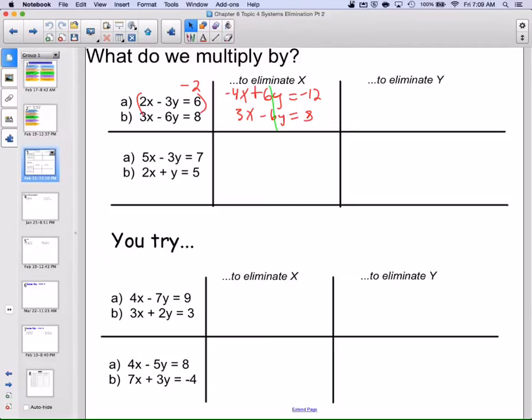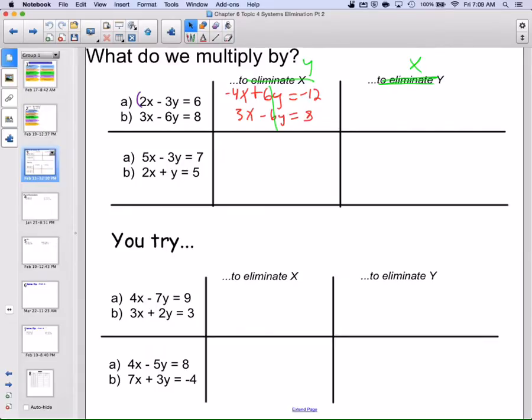If I wanted to eliminate the y, actually I did this backwards, so sorry about that. All right. This is for the y, this is for the x. So let's just flip-flop that in our notes if we can. Okay, so then this one, we want to get rid of the x. Okay, this one's going to be a little harder.